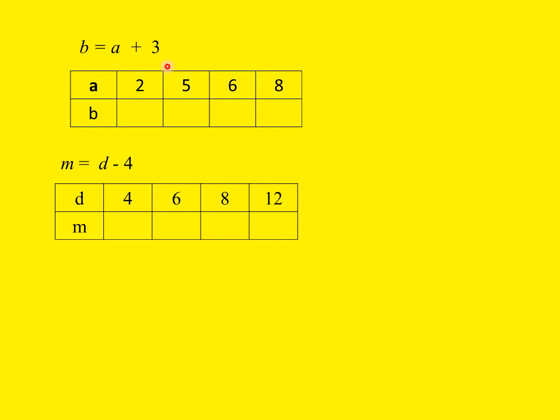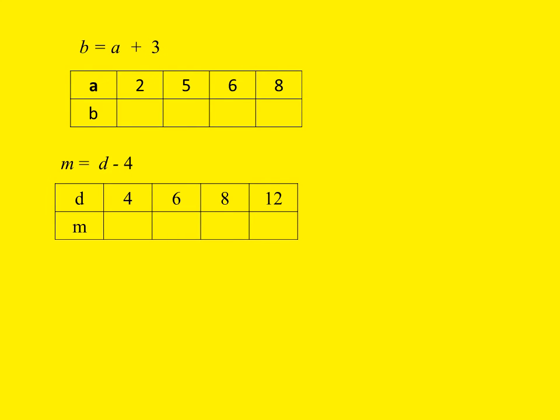Now all that's happening here is that this equation says that B is A plus 3. So all I need to do to finish the table is to do what it says there. Add 3 to the value of A. Now in this one I'm saying A is worth 2. In this one I'm saying A is worth 5 and 6 and 8. And then we've got a different one down there. So to finish the table, all you have to do is fill in the value there. Whatever A is, there, and then add on 3.